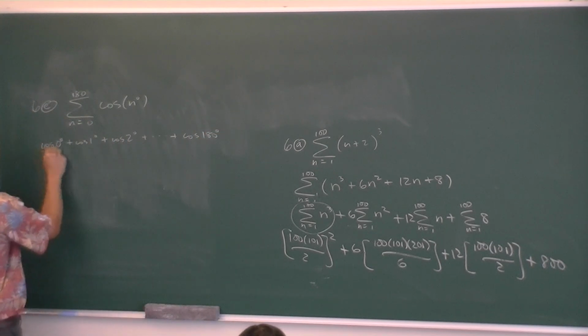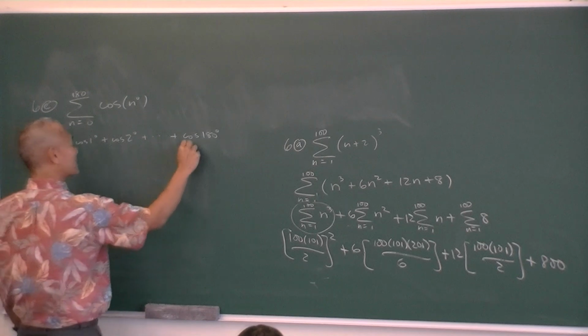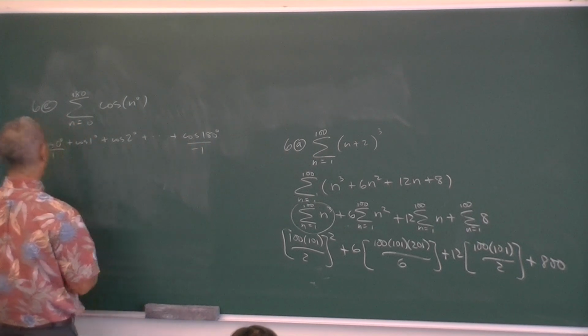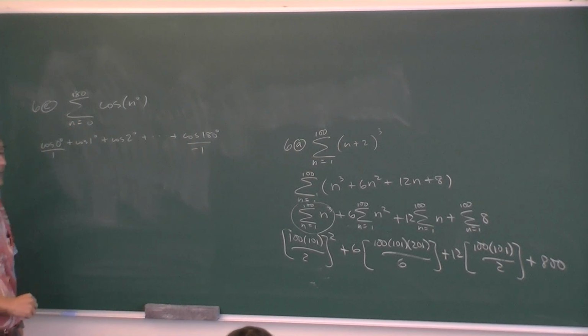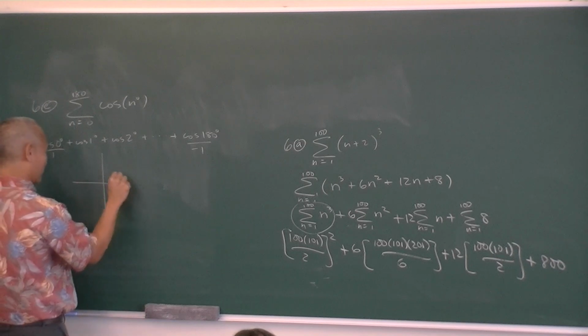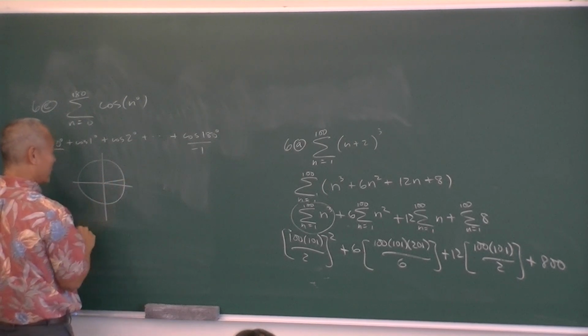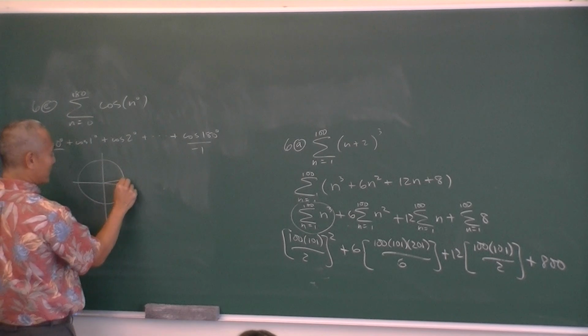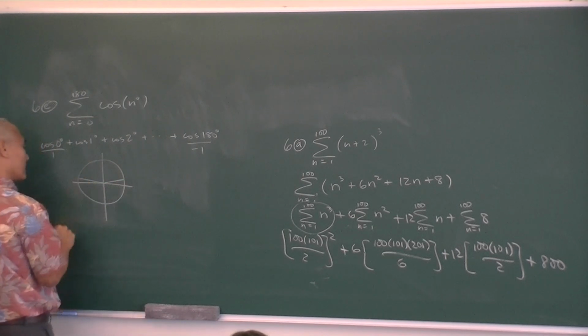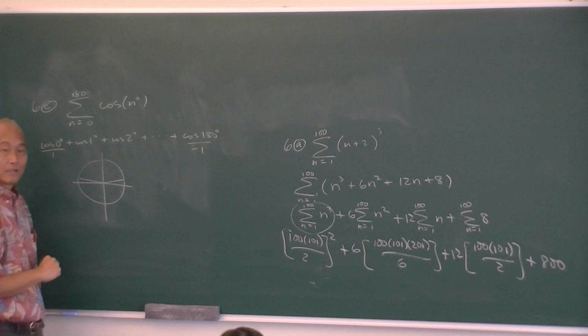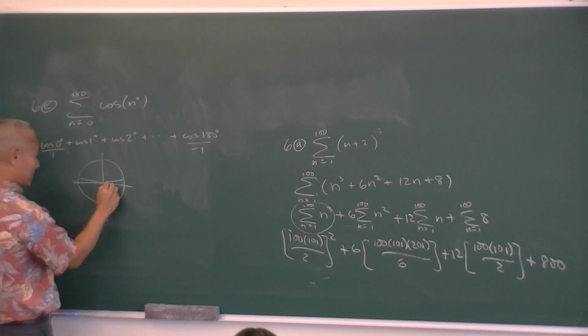Well, Mr. Park, I know that's 1 and that's negative 1. But I don't know what cosine of 1 degree is. It doesn't matter. You can figure it out. Look, draw the unit circle. Okay, here's 1 degree. What can you say about the cosine of 1 degree and the cosine of 179 degrees? They're going to cancel each other out, right? Because this is the same angle.